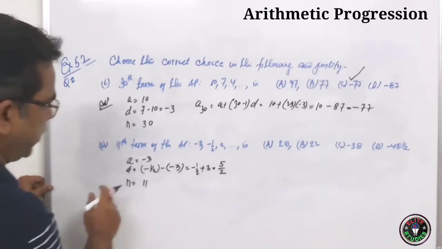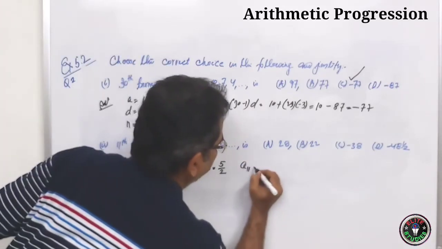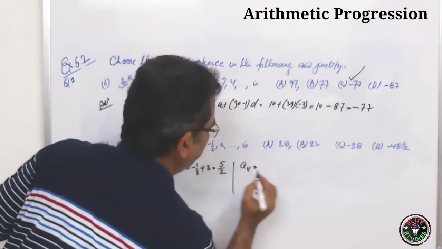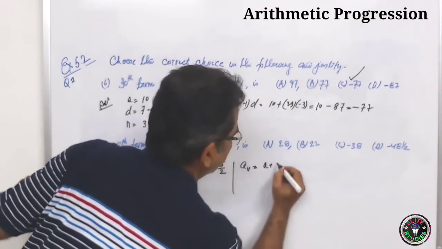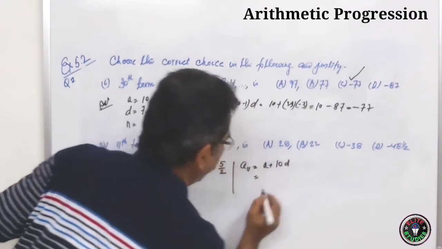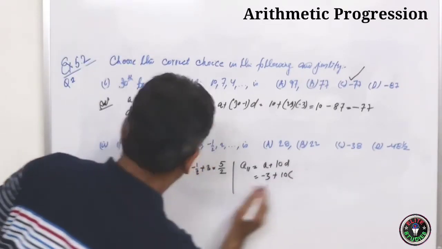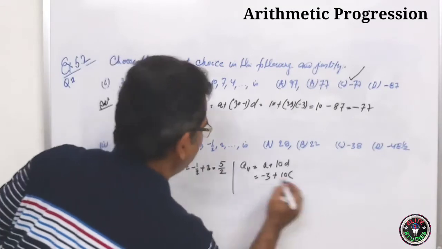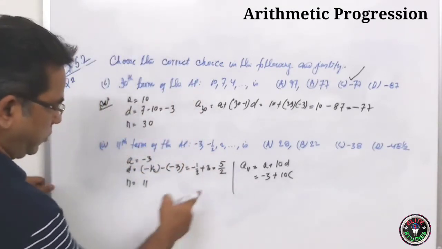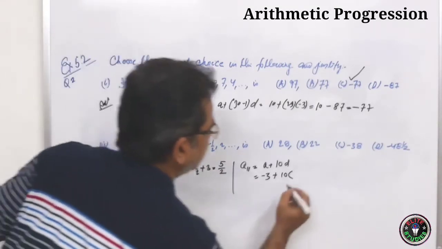You have to find the 11th term. Now, A11 will be equal to A plus 11 minus 1, 10D. So A is minus 3 plus 10. D is how much? 5 by 2. Isn't it?